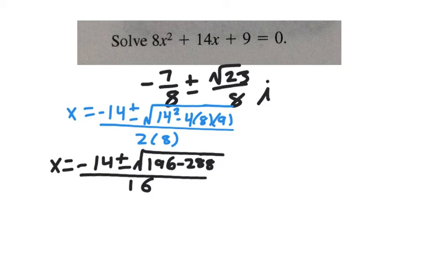And so it's going to give me x equals negative 14 plus or minus the square root of negative 96 over 16. It's not 96, that's wrong.